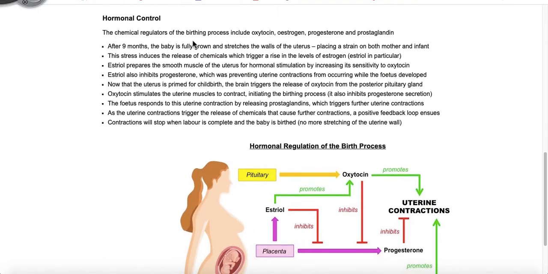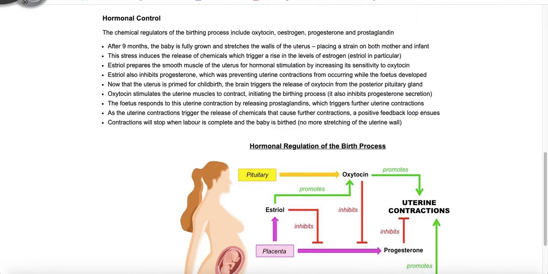As far as the hormonal control, there are 4 important hormones involved in the birth process. We have oxytocin, estrogen, and progesterone. Notice how estrogen can also be called estriol, which is the same thing as estrogen. These 3 hormones are produced by the mother, and then prostaglandin, which is produced by the fetus.